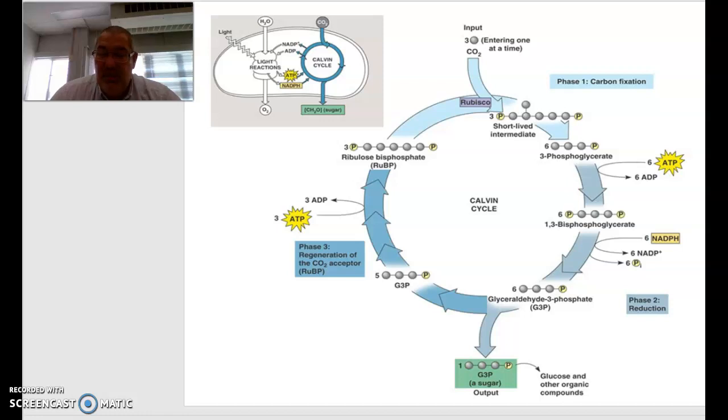You notice if this cycle turns 6 times, there are 18 ATPs that are used, and there are 12 NADPHs that are used. So those ATP and NADPH molecules are formed in the light reactions. So they help to power this cycle and keep it running.